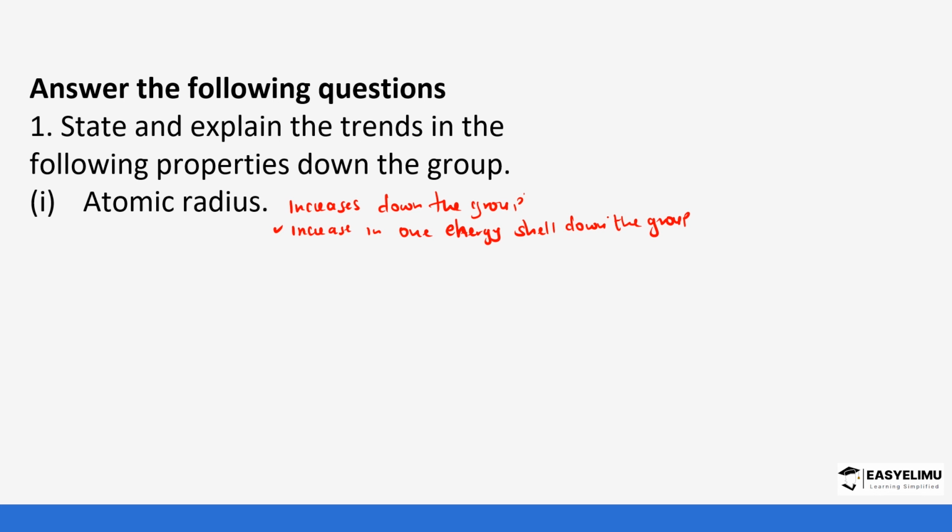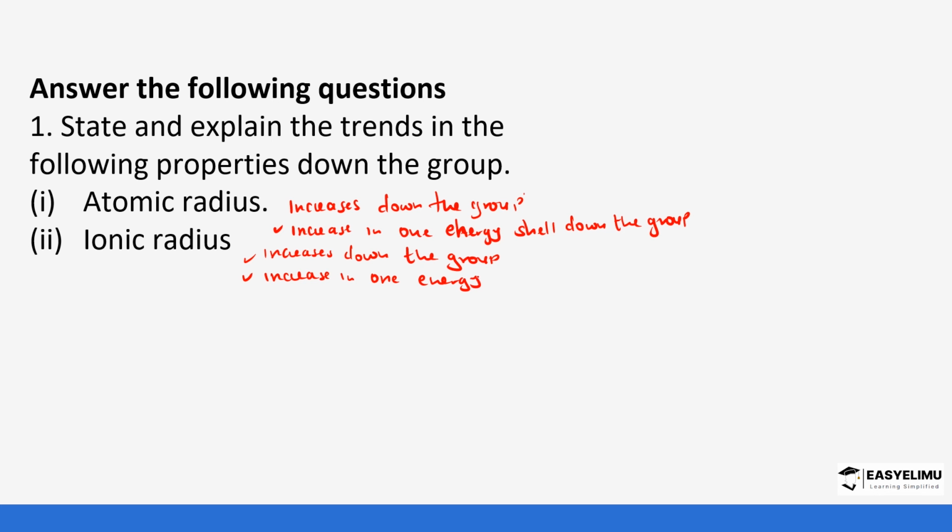And then what is the trend in the ionic radius? It also increases down the group. The reason why it increases down the group is because there is also an increase in one energy shell down the group.